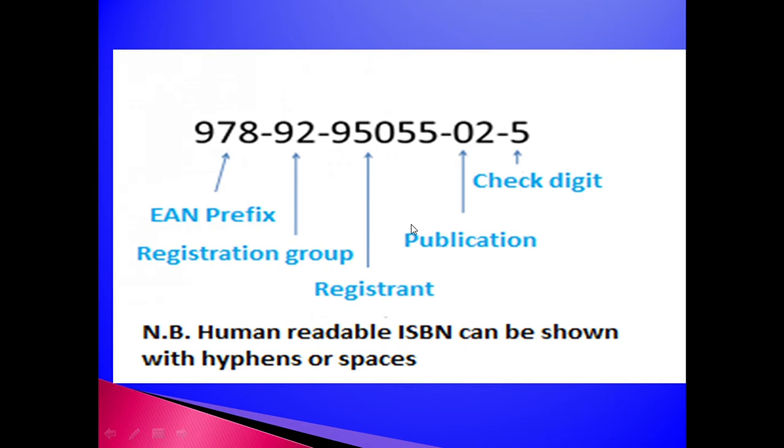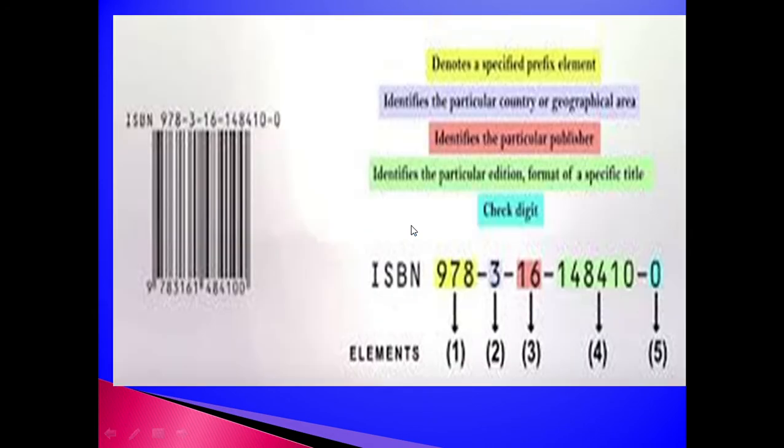So this is the thing, and I have given a sample of how it is denoted. The first digit is the prefix element. The second says about the particular country or geographical area, and next it says about the publisher. The third element is the publisher, and then it says about the specific title, particular edition, particular format.